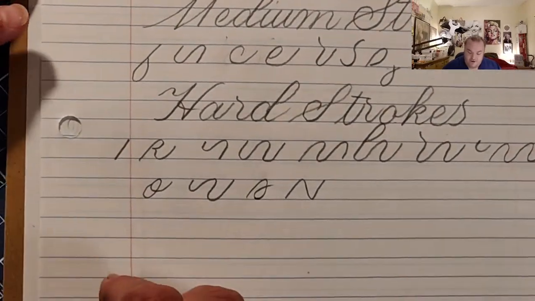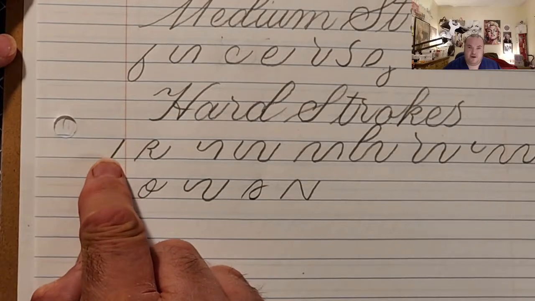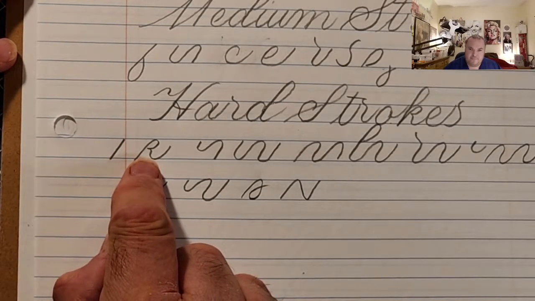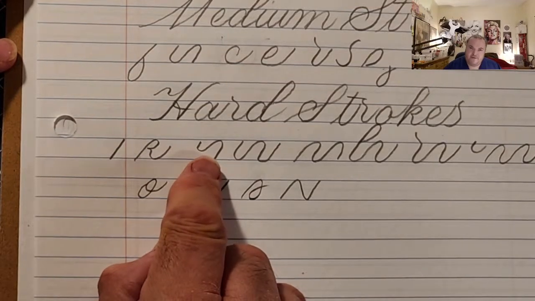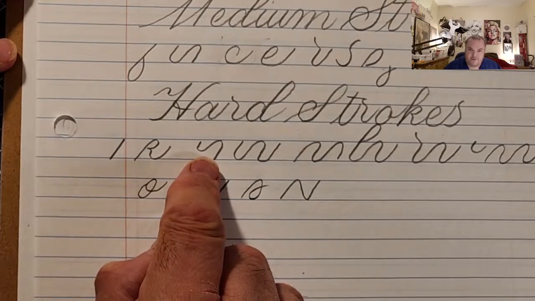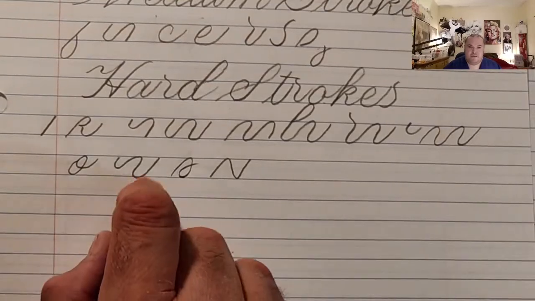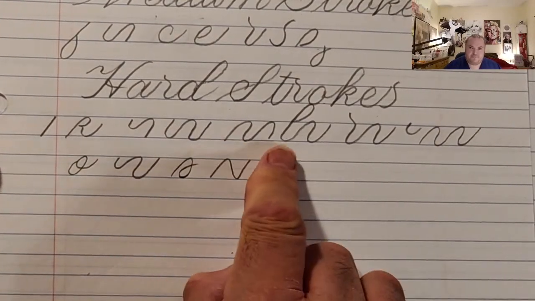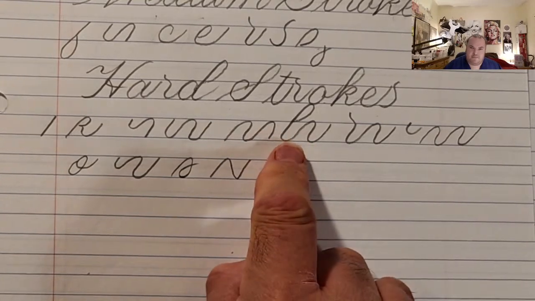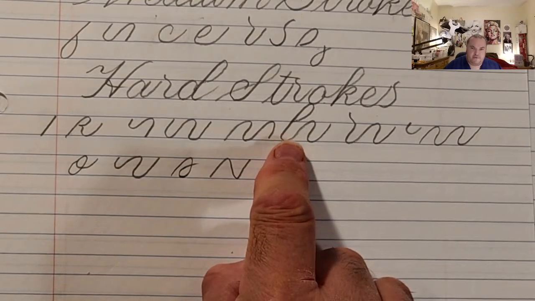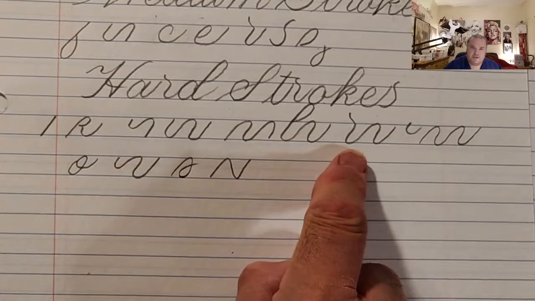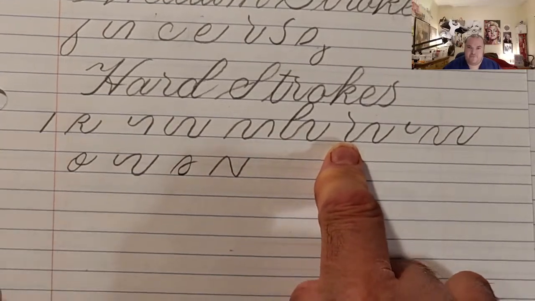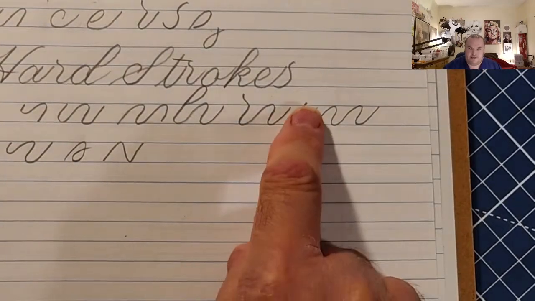And then we have the hard strokes, which are the hard downstroke, the K stroke, the modified reverse compound curve, the double underturn, the double overturn, the ascending stem loop into a compound curve, the R stroke into a compound curve, the connecting stroke.